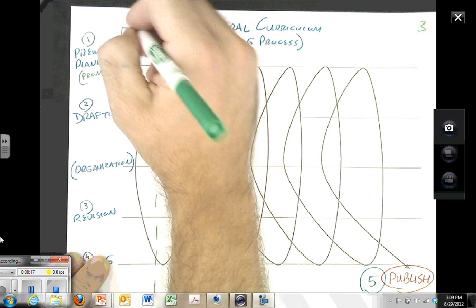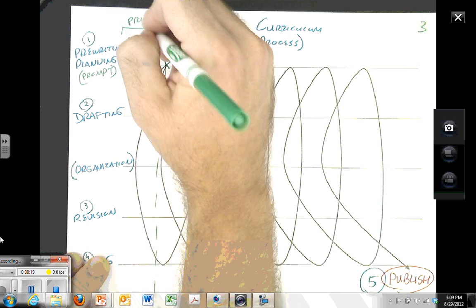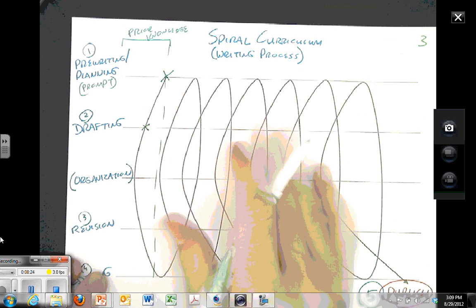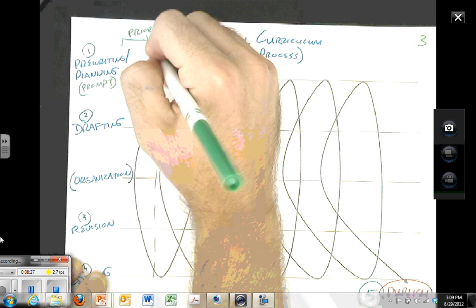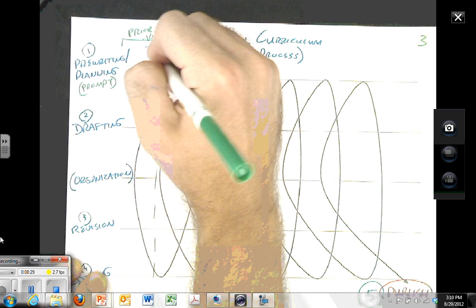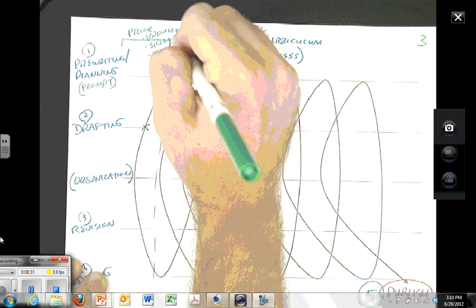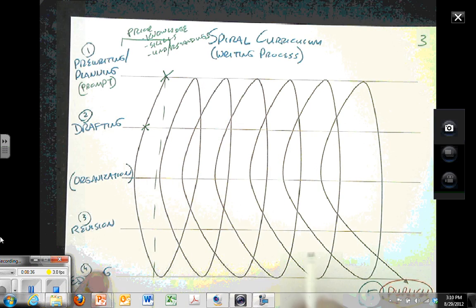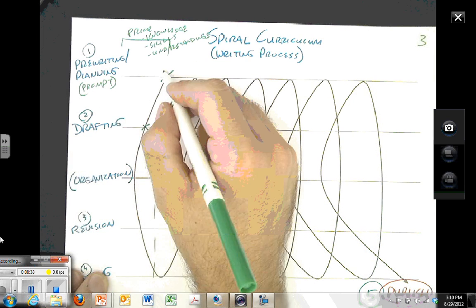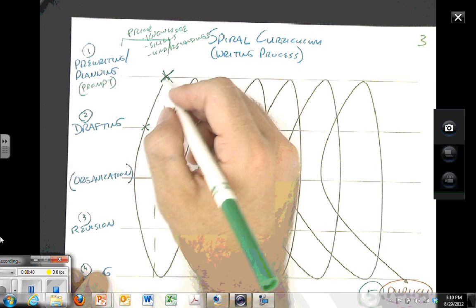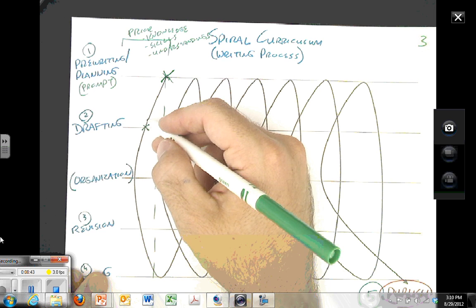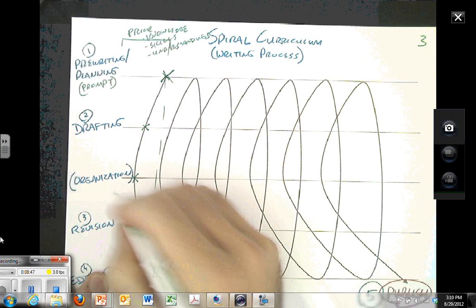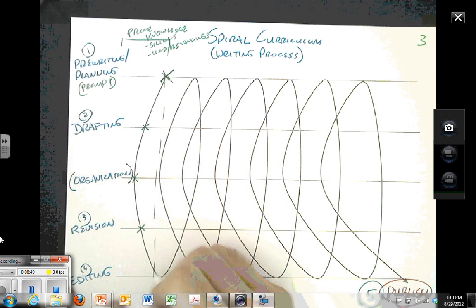This section here being prior knowledge, skills, or understandings. I'll put understandings. So you introduce students to the prompt and the idea, and you want them to use what they already know, understand, and are able to do, to begin to organize their paper, to start to revise it, maybe even start to edit it.